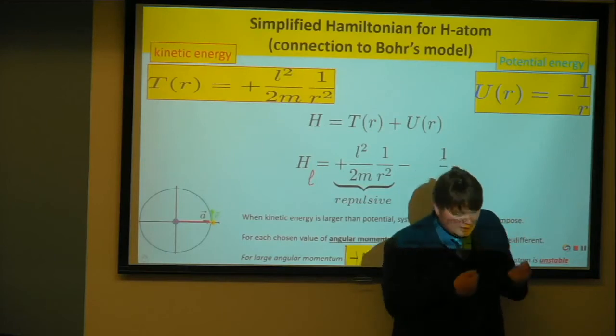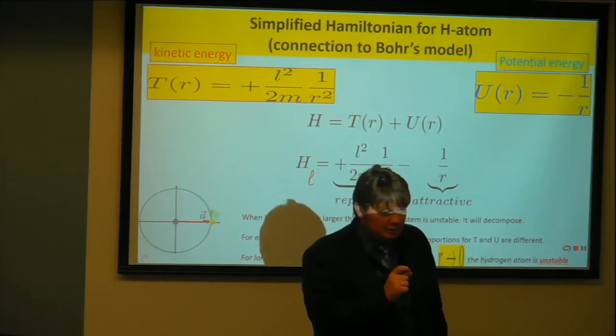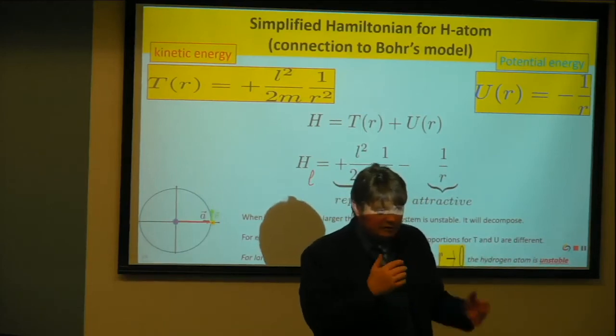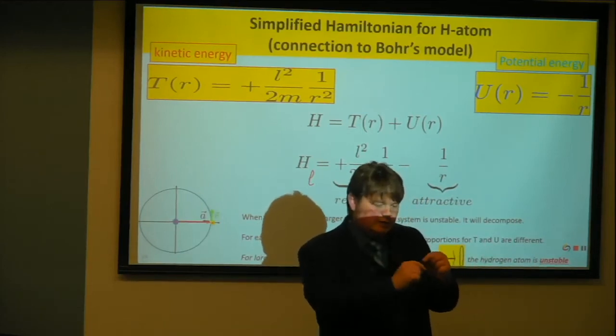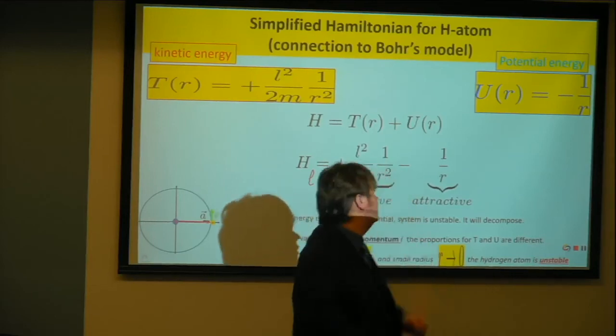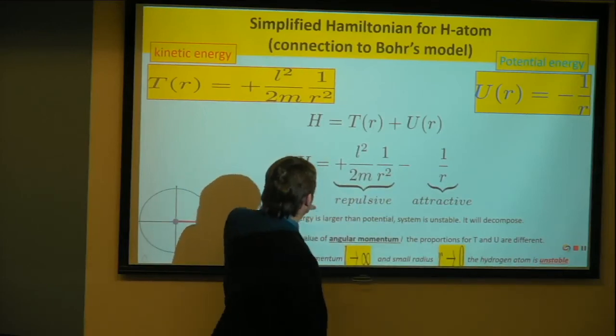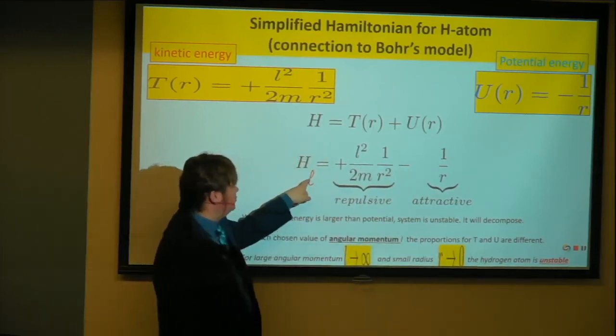Under the constraint that angular momentum is conserved, the closer it comes, the more kinetic energy it gets. So we put index L because this is kinetic energy under the specific value of angular momentum.